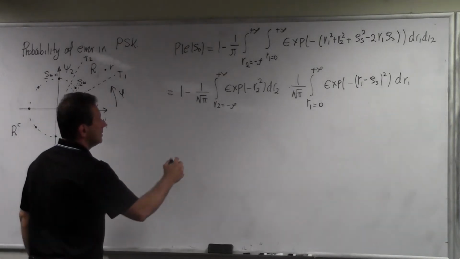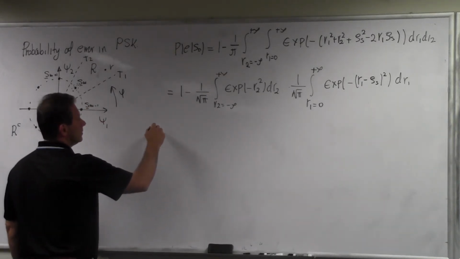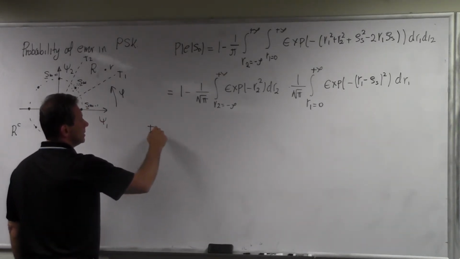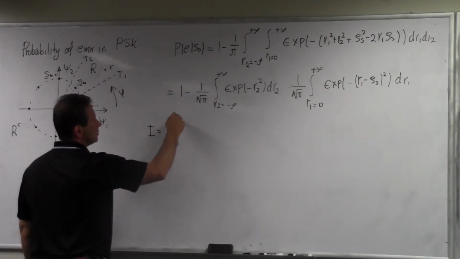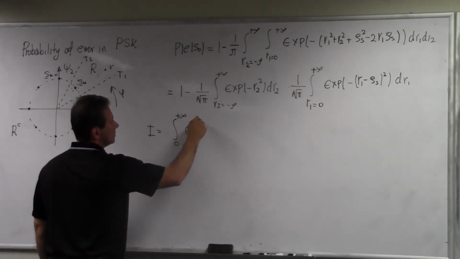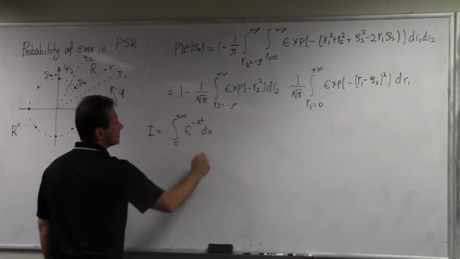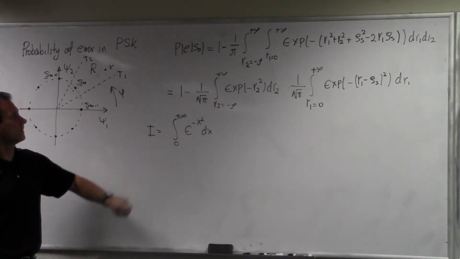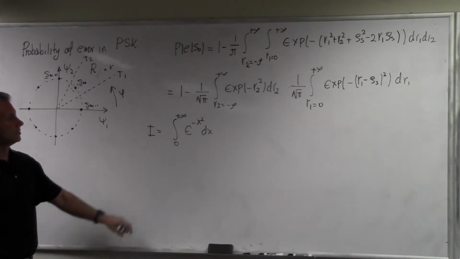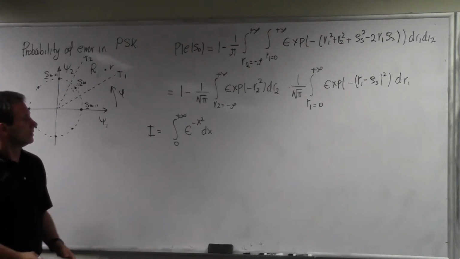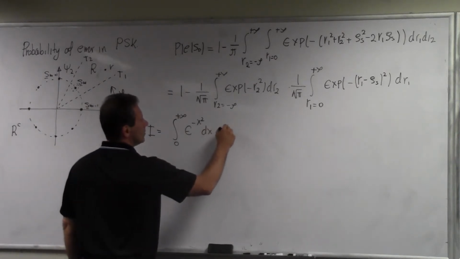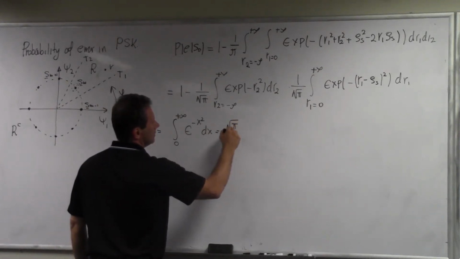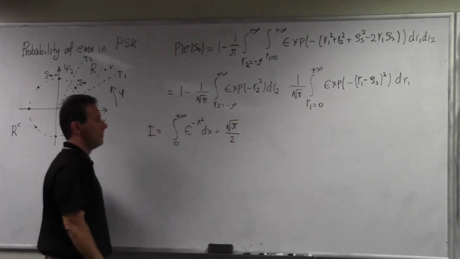Now, I don't know if you know this integral, let's call this integral from 0 to plus infinity e to the minus x squared dx. Do you know how large this integral is? It's square root of pi divided by 2.